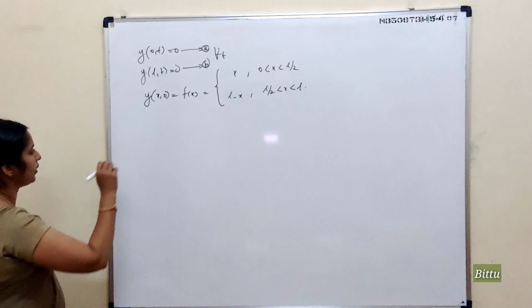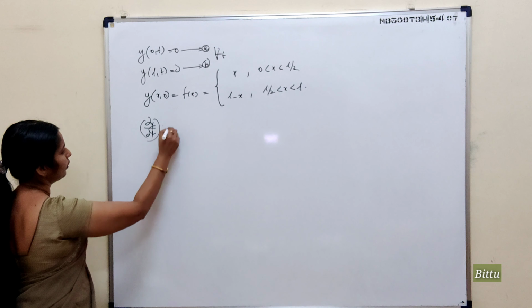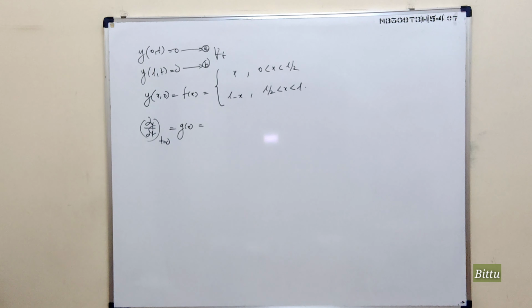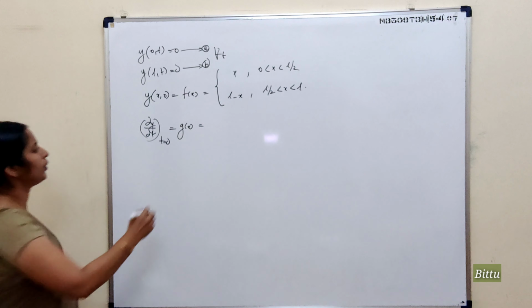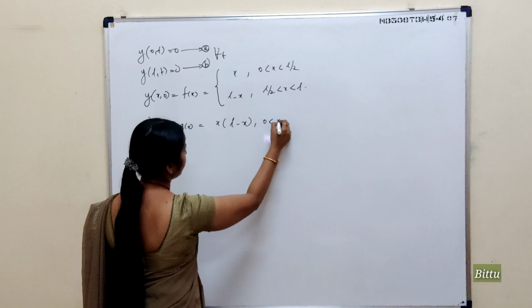And the initial velocity dou y by dou t at t equal to 0 is denoted by g of x, and it is given in the question that it is x into (l minus x) for 0 less than x less than l.